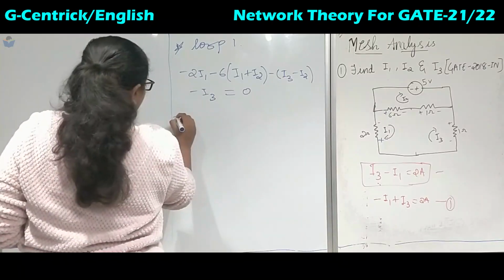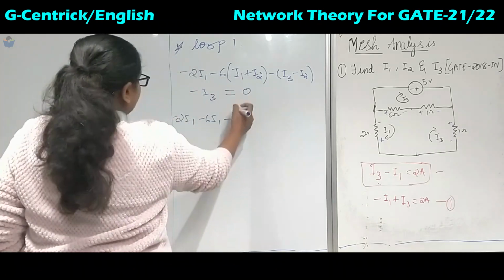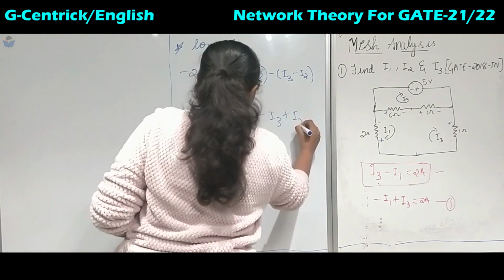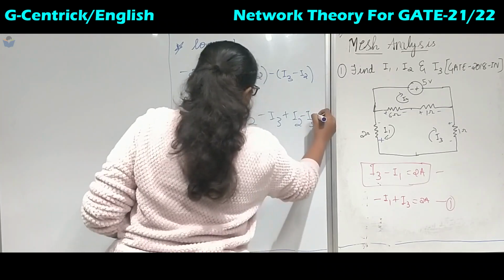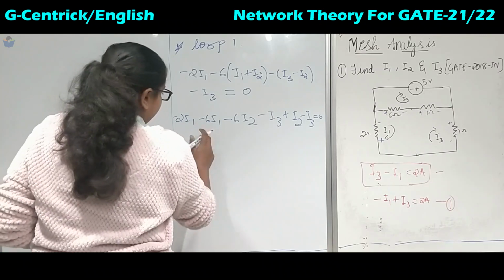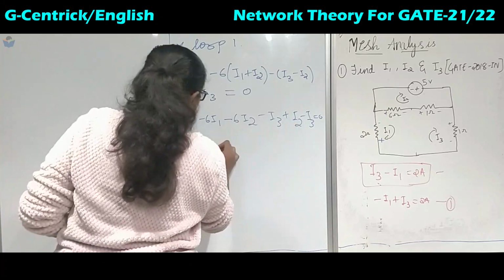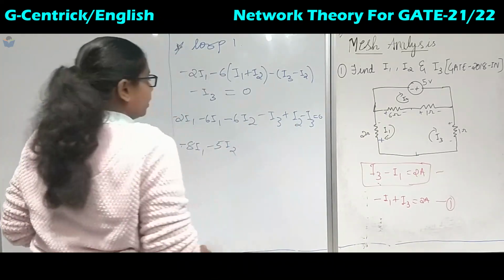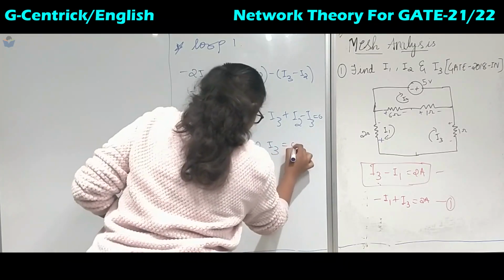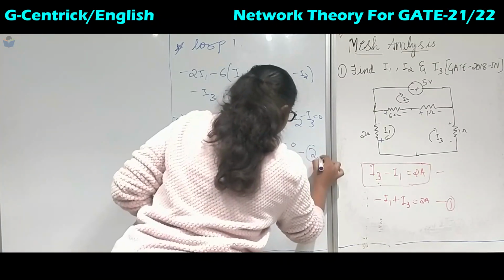Simplifying, I will get minus 2I1 minus 6I1, then minus 6I2 minus I3 plus I2 minus I3 equal to 0. Further simplification: minus 8I1, minus 5I2, minus 2I3, equal to 0. So this is our equation number 2.